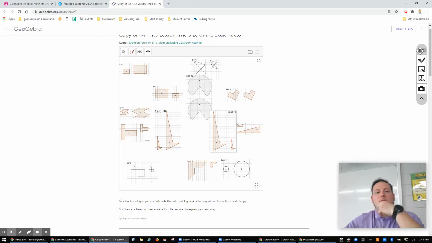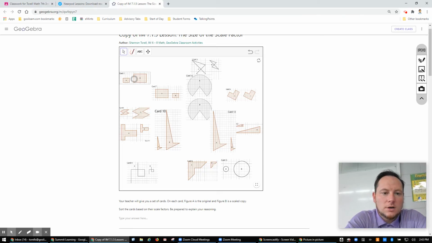So, how can we do that? The first thing I look at is, are we scaling up or are we scaling down? That's one way to sort them. And then if you look at some of these, they might seem to be the same size. So I'll go ahead and do one real quick.